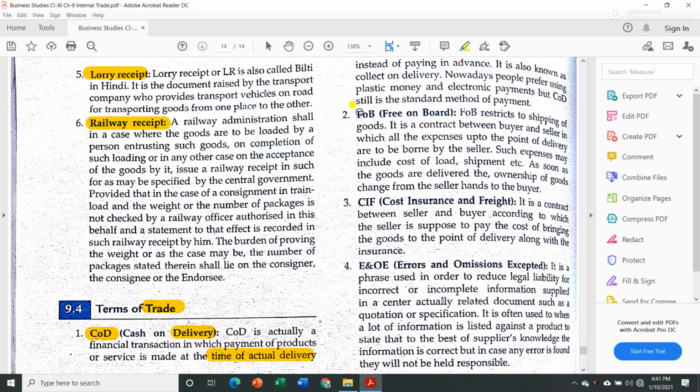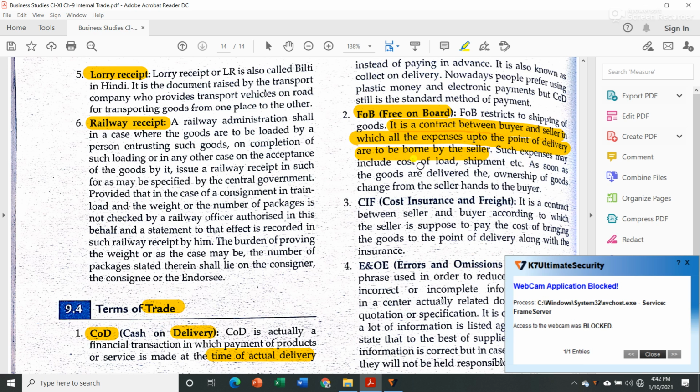Then next is free on board. Free on board refers to the shipping of goods. It is a contract between the buyer and seller, in which all the expenses up to the point of delivery are to be borne by the seller. Until the goods get delivered to the buyer, all those expenses are to be paid by the seller.